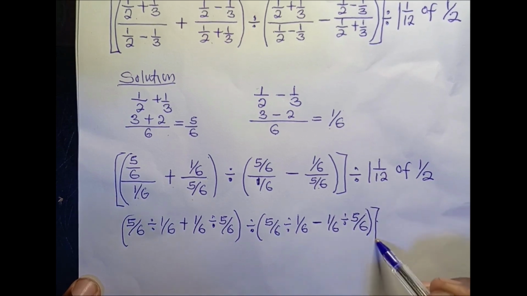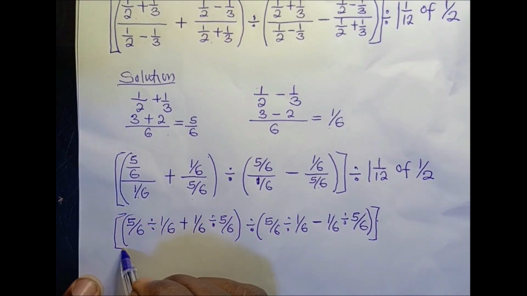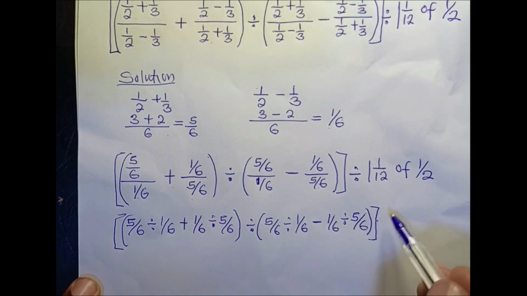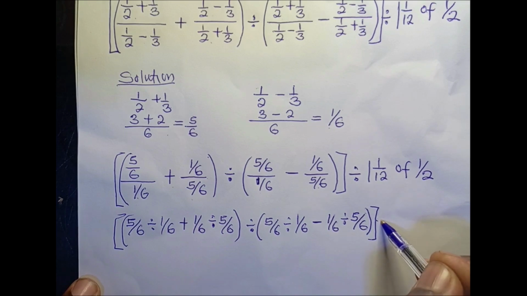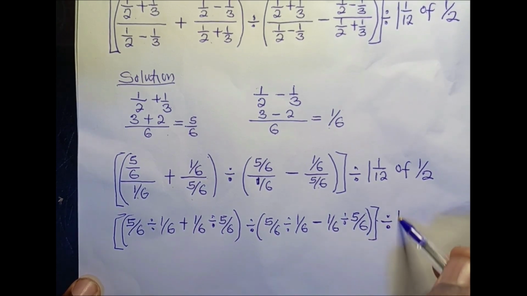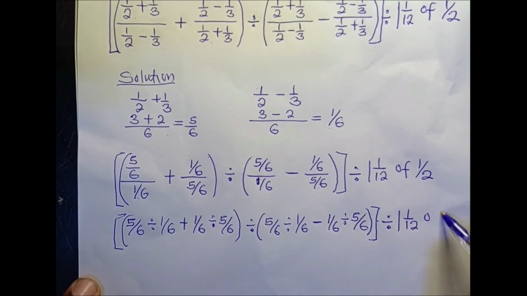Divided by, let's close the bigger brackets. Remember, we are going to finish the bracket before we can use any sign of the operand. So we have divided by half, one whole number, 1 over 12 of half.